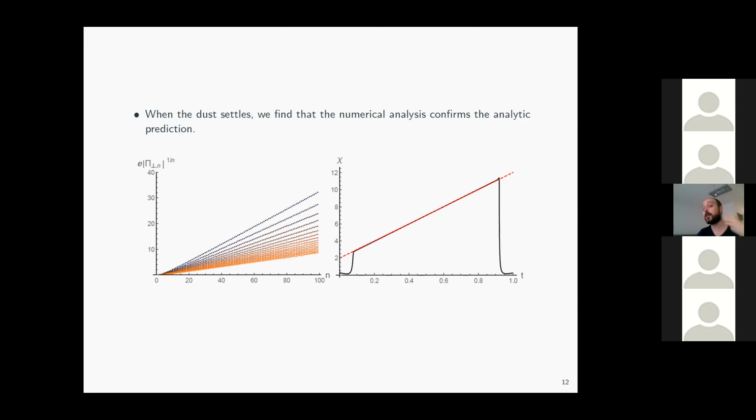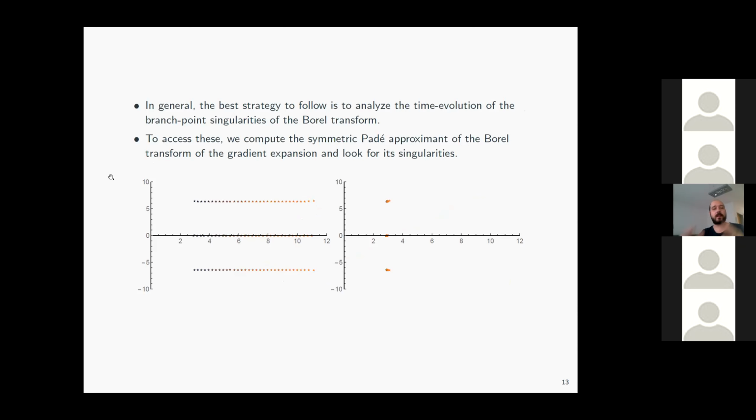And the correct strategy to follow is to compute the Borel transform of the gradient expansion. And once you have the Borel transform of the gradient expansion, you follow the standard algorithm of computing its Padé approximant and analytically continuing it using this Padé approximant.